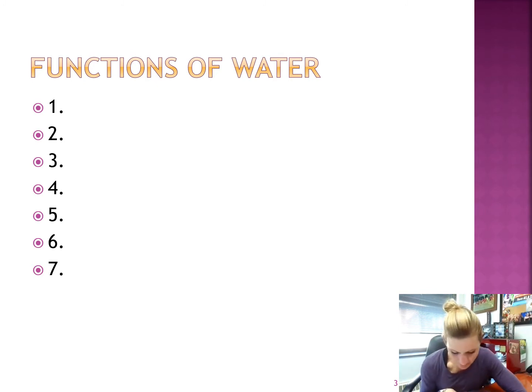The next one is to provide a medium for transportation. We've got all these different systems within the body. For example, the cardiovascular system uses the blood as a way to transport oxygen, nutrients, waste products, and those types of components. The amount of fluid that we have within the cardiovascular system will play a role in the efficiency of movement or transportation of those molecules.